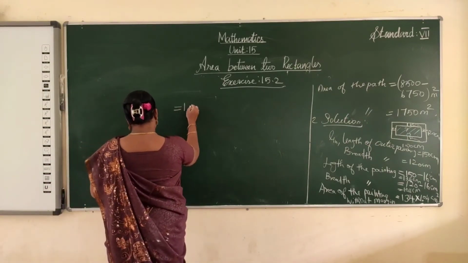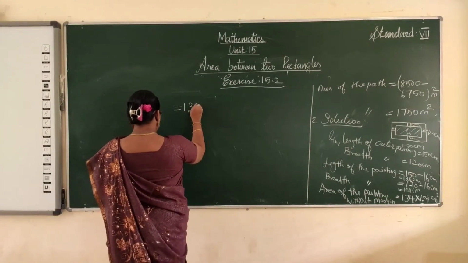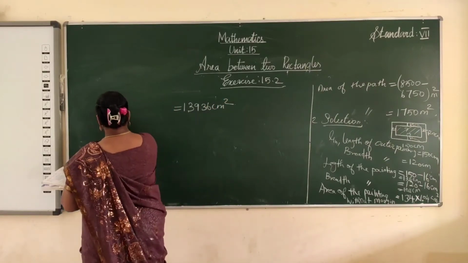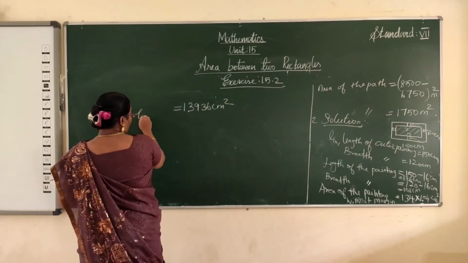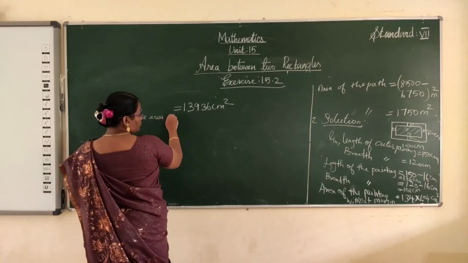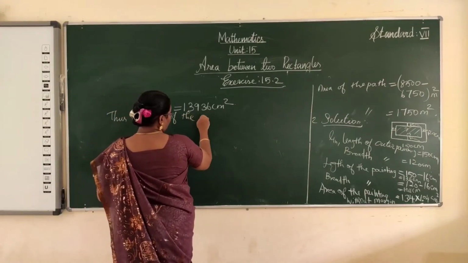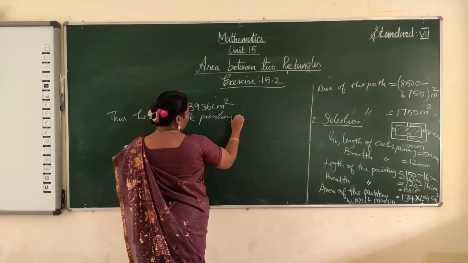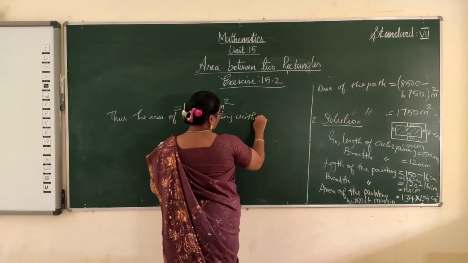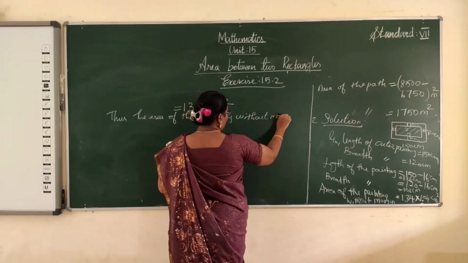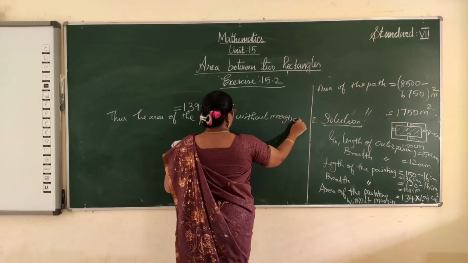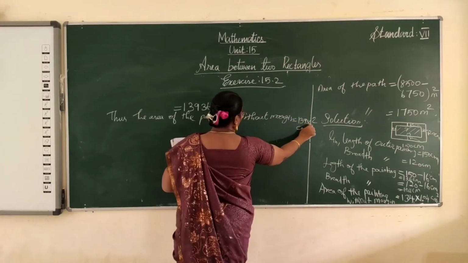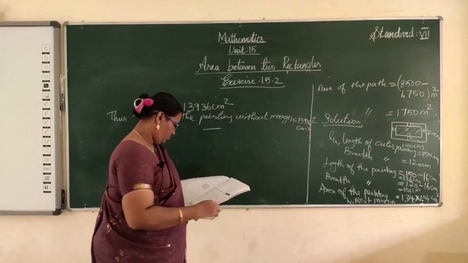We get 13,936 centimeters square. Thus the area of the painting without margin is 13,936 centimeters square.